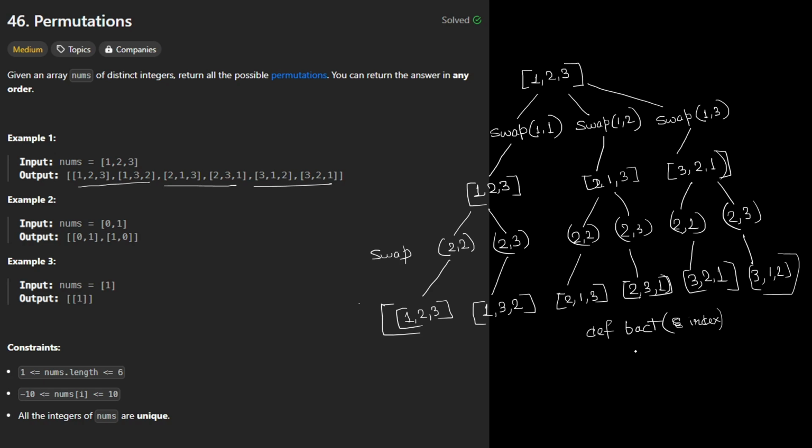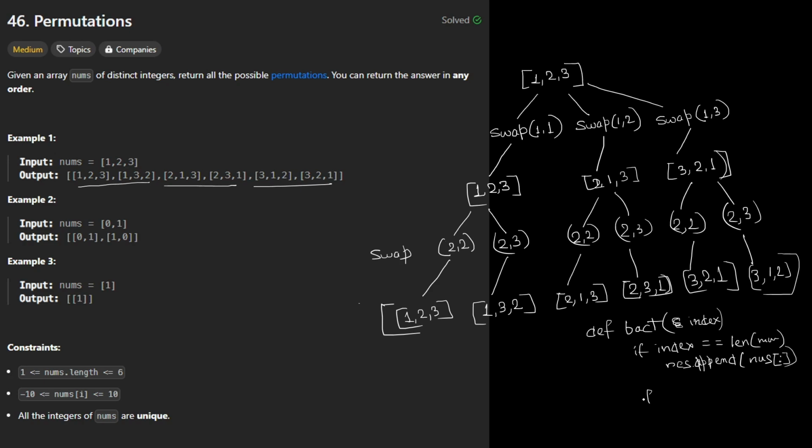The base case would be if my current index is equal to the length of my nums, then I can say result dot append nums. Because it's pass by reference, you have to create a copy and store the value.